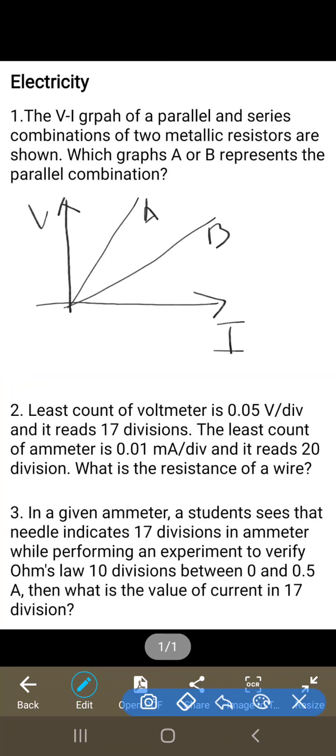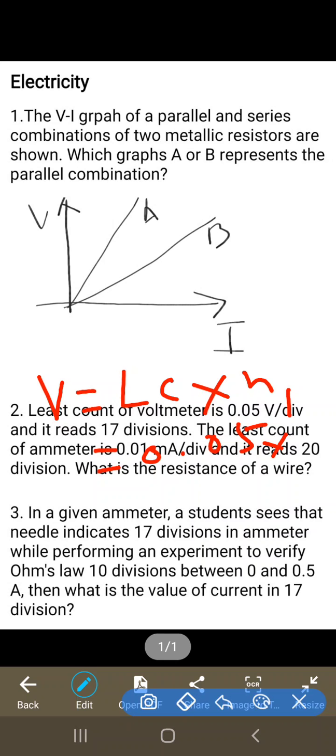So V is equal to least count multiplied by the number of divisions. Here n1 is the number of divisions, so n1 is equal to 17 and least count is 0.05.